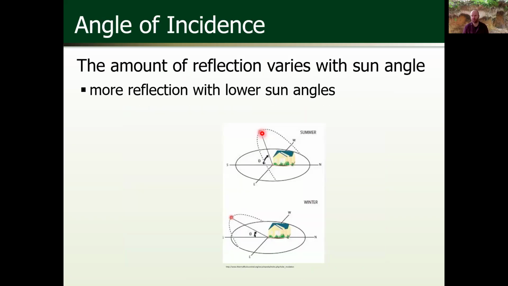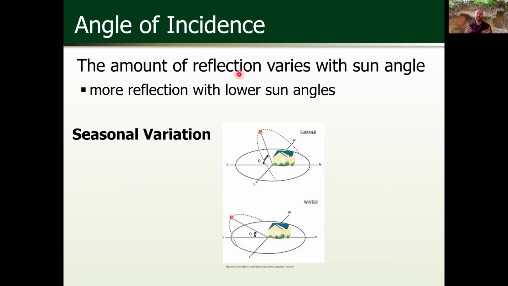So now exploring this, thinking about reflection and sun angle. The higher the angle, we have seasonal variation. As the sun is higher overhead, there's less reflection, and as the sun is lower or closer to the horizon, we have more reflection.